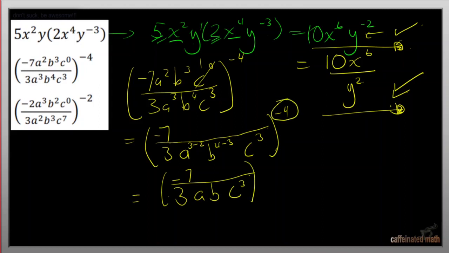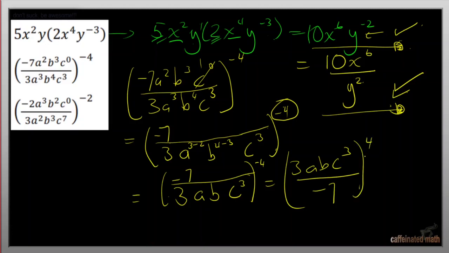Now because the exponent is negative, we are allowed to do this. We can reciprocate the entire fraction on the inside, and that's going to be 3ab c cubed over negative 7, and that means our exponent becomes positive.